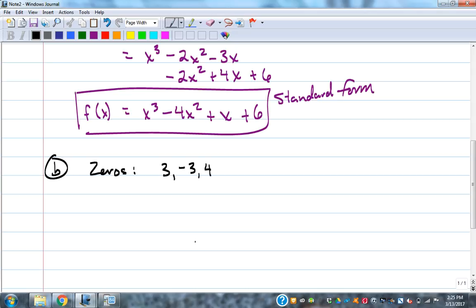All right, so what are my factors that go with these zeros? 3, -3, and 4. Is there two of them that it would be better to multiply together first?